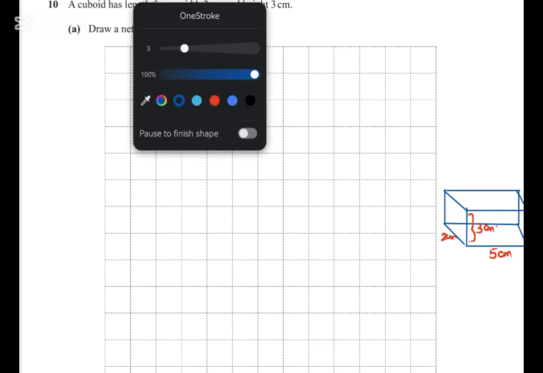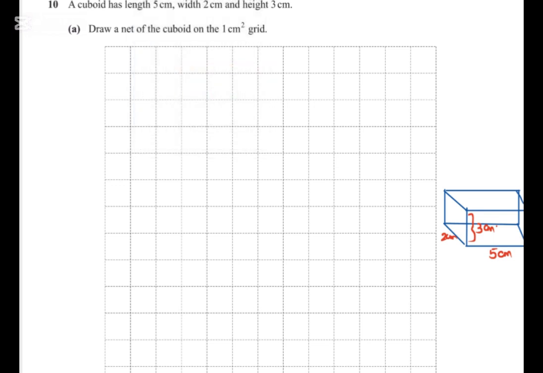Okay, so let me choose the color. I'll use red color here. So now first we'll draw the big rectangle, the big two faces, which are the front and the back. That will have 5 centimeters length.